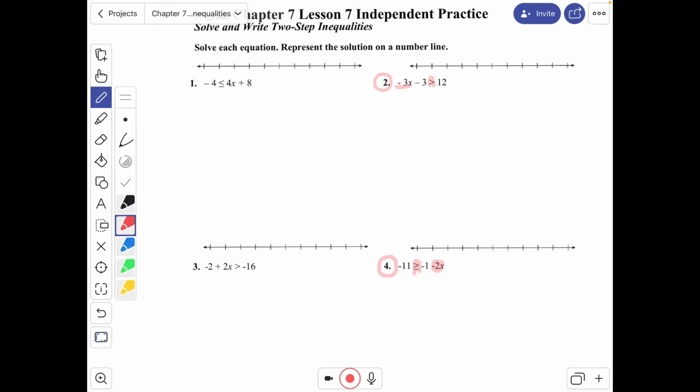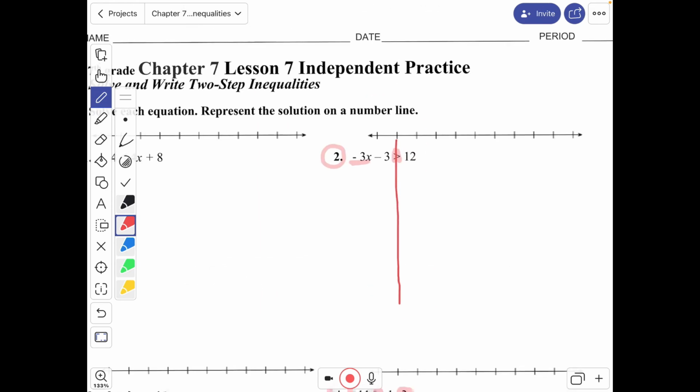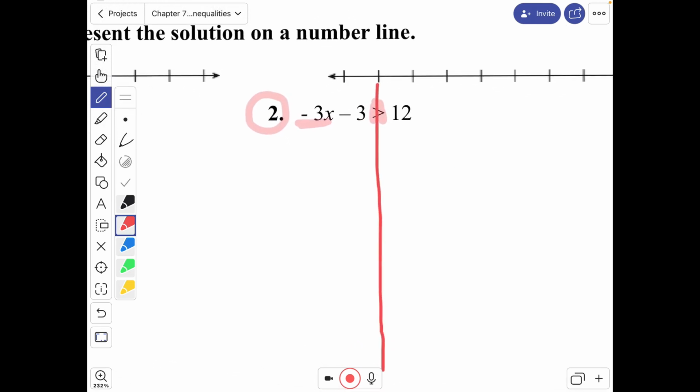Let's go ahead and do number 2. So we want to undo the add or subtract part first.